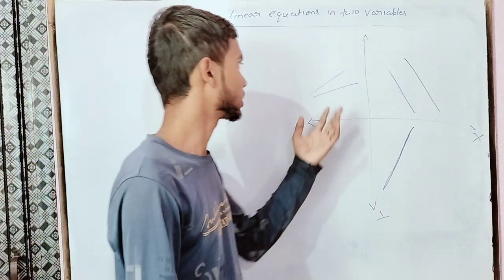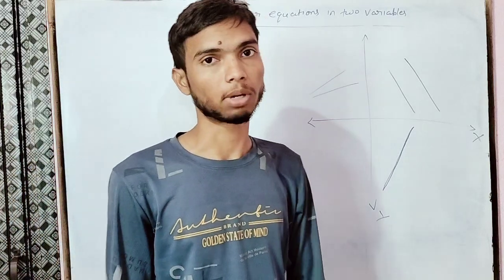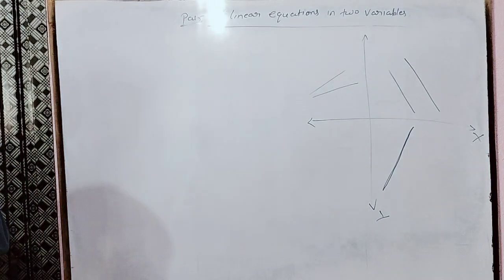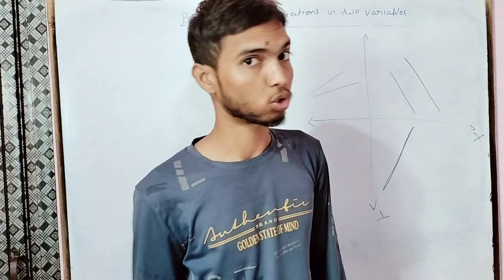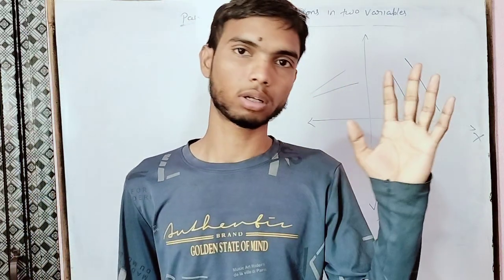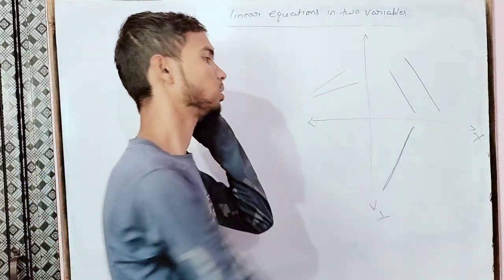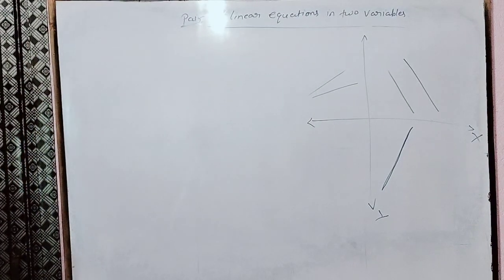You cannot say that these two lines are parallel to each other. No, no. Again, I am telling you why. Parallel lines do not intersect each other. That is the meaning of parallel lines. Parallel lines will never intersect each other.